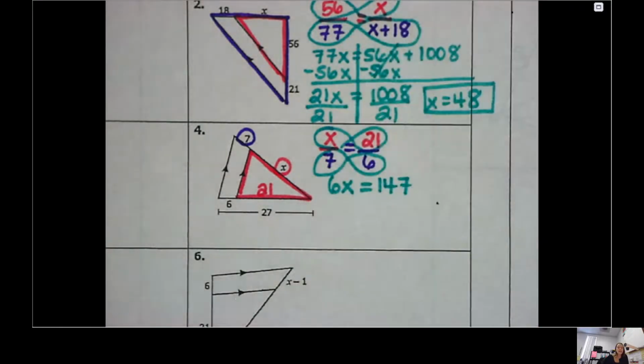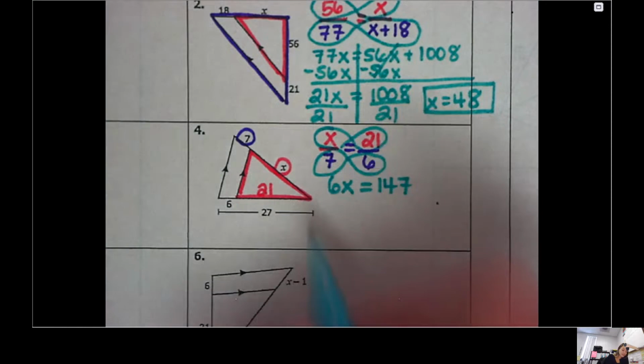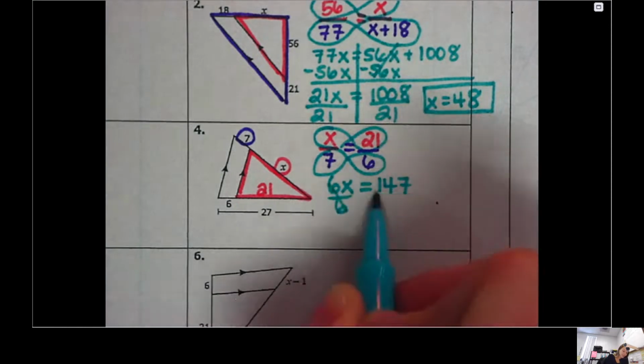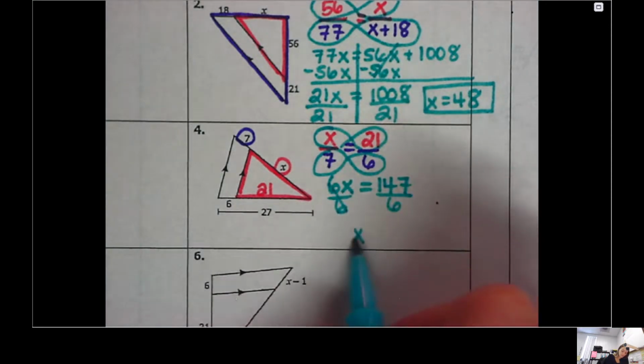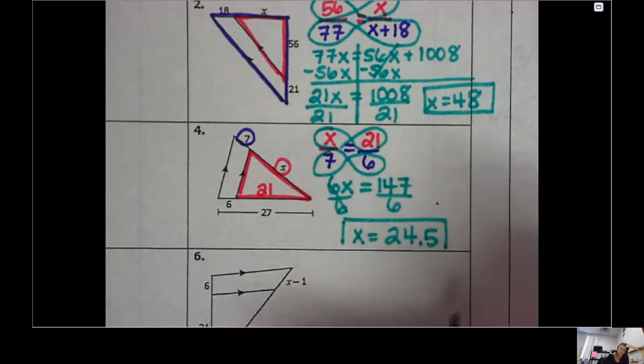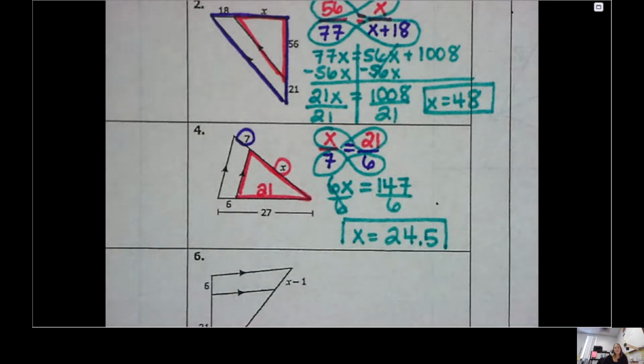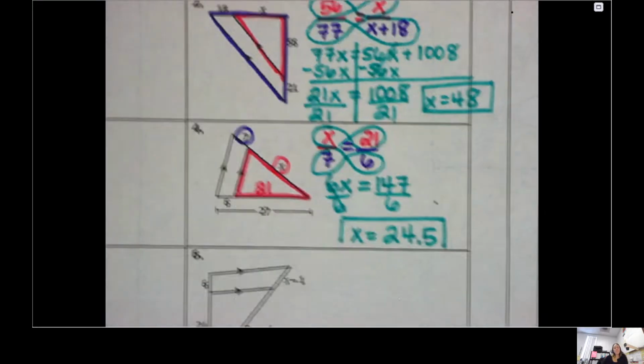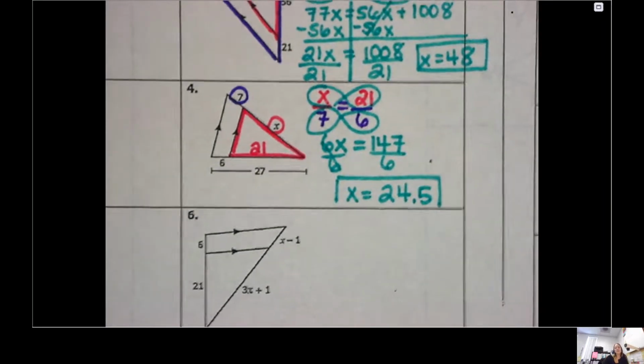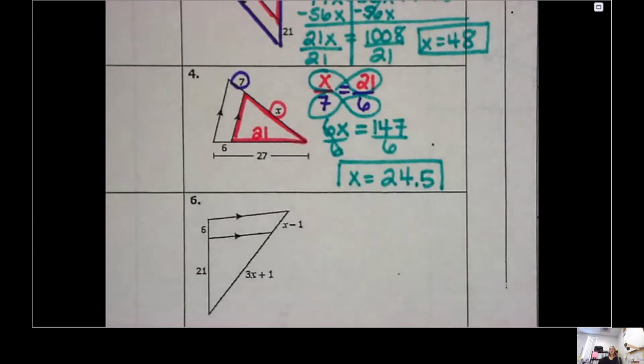And then I divide by 6 on both sides. 0.5, right? Not really, but okay. Would you rather have 50 cents or 60 cents? Yeah, right. So not the same. Okay. What questions can I answer so far?